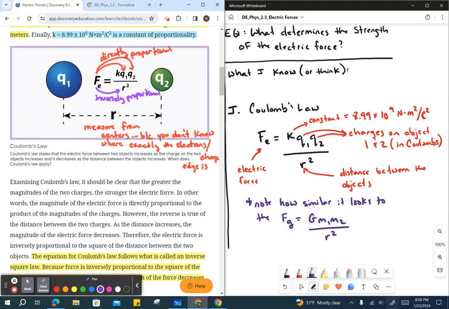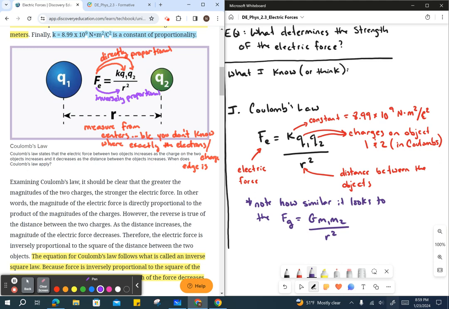So if your distance gets bigger, and it's squared, so it's going to get bigger fast, the force electric is going to get smaller, and quickly because it's squared. If the distance between the objects gets smaller, then the electric force between them gets bigger.